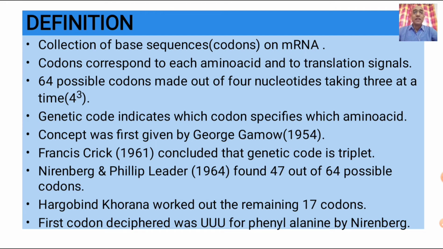Francis Crick in 1961 concluded that the genetic code is triplet, meaning it is made up of 3 nitrogenous bases. Nirenberg and Philip Leder in 1964 found 47 out of the 64 possible codons, and the remaining 17 codons were discovered by Hargobind Khorana.